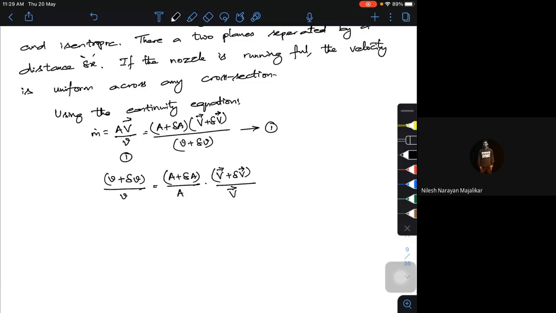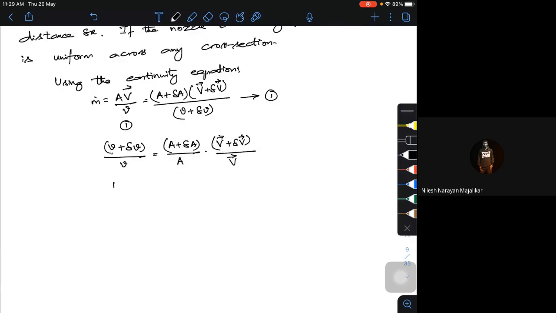This I can write as 1 plus delta V by V, similarly 1 plus delta A by A, into 1 plus delta v by v.